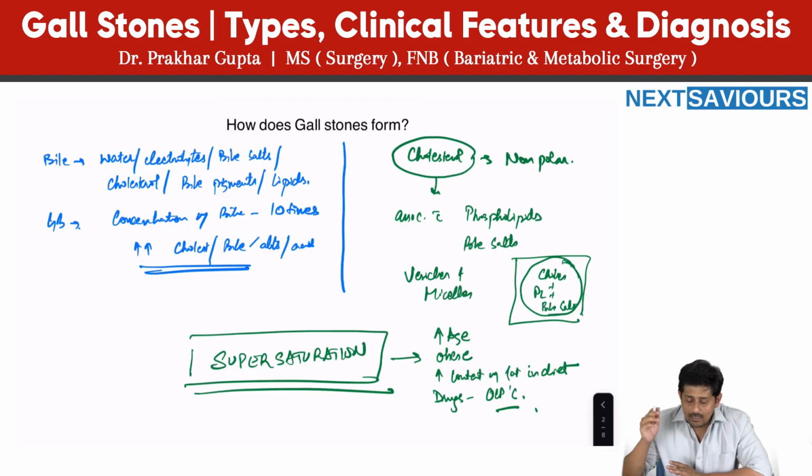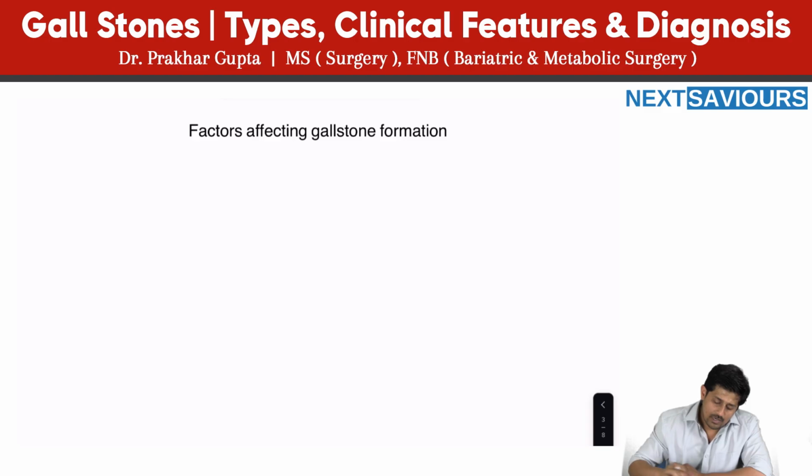Another thing is that there is a decrease in bile salts. If there is a decrease in bile salts, there will be a relative rise in the concentration of cholesterol, which will lead to crystallization of cholesterol and hence formation of stones. So another thing is that there is decreased bile salt.